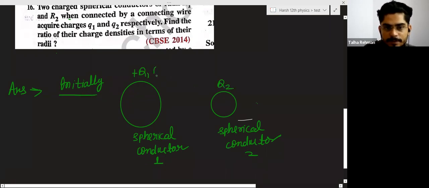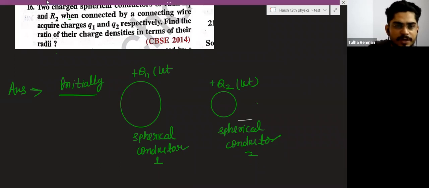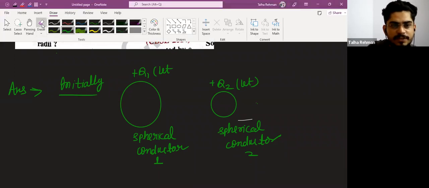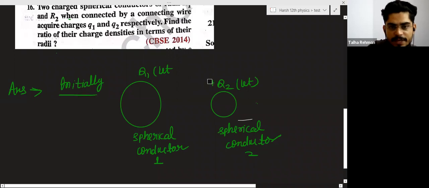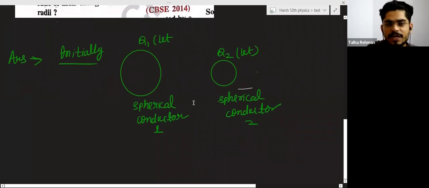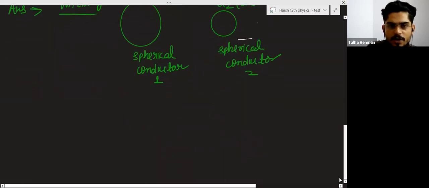I am just supposing. It is not necessary to take a plus sign or minus sign. Whatever is the charge, earlier there was charge, but now what happens?